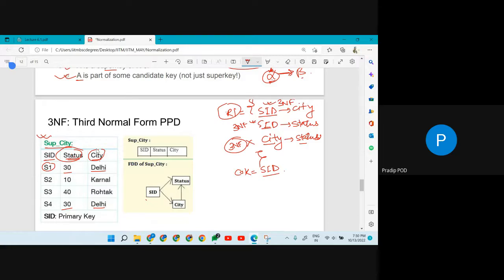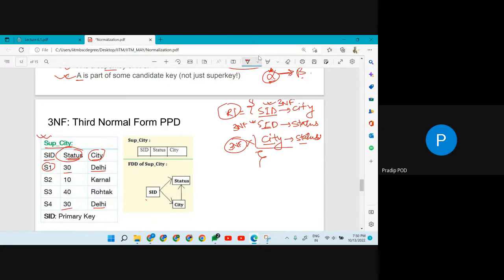So now how do we decompose this into third normal form? For that, you have to check which functional dependency violates the third normal form condition.